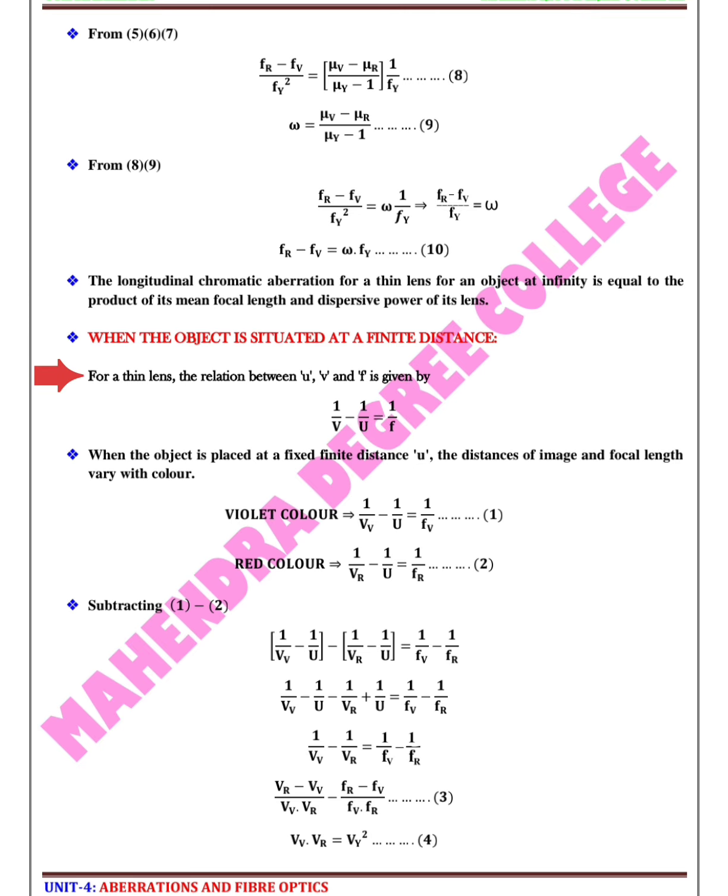The basic lens formula in optics establishes a relationship between the focal length f, object distance u, and image distance v of a lens. It is mathematically expressed as 1 by v minus 1 by u equals 1 by f.